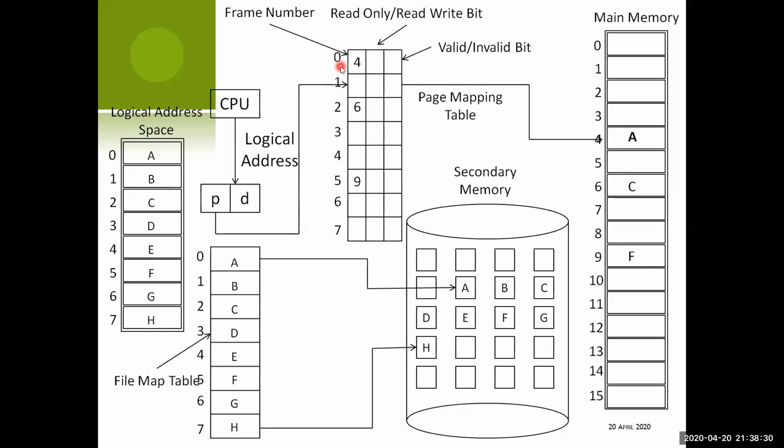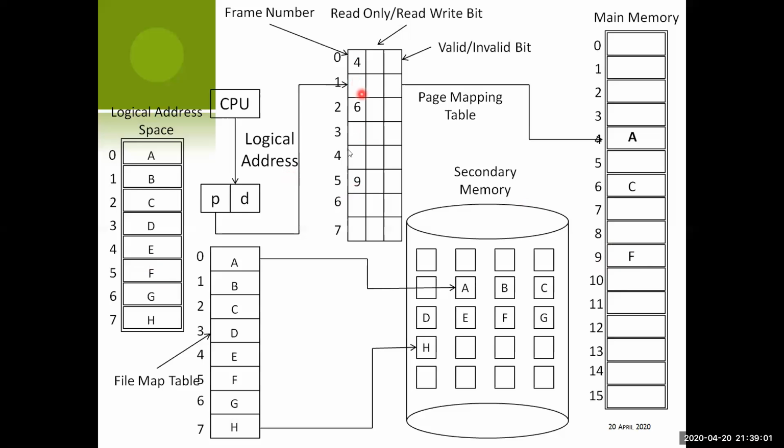So page 0 is loaded into frame number 4, so we have written the frame number as 4. Page number 2, meaning C, is loaded into frame number 6, so here we have written 6. Next, page number 5, meaning F, is located in frame number 9, so we have written 9.